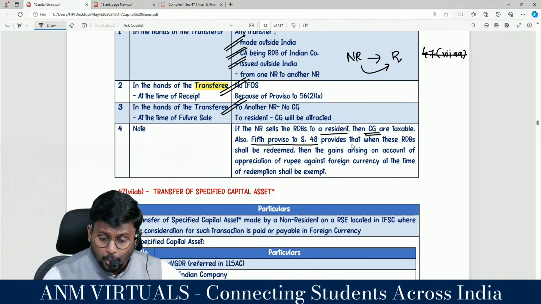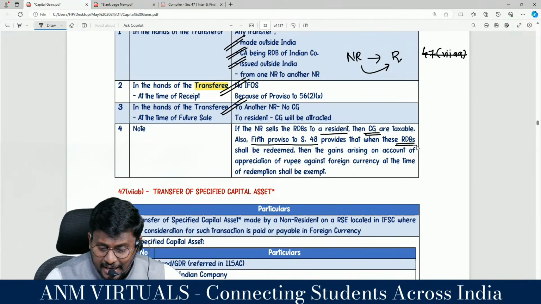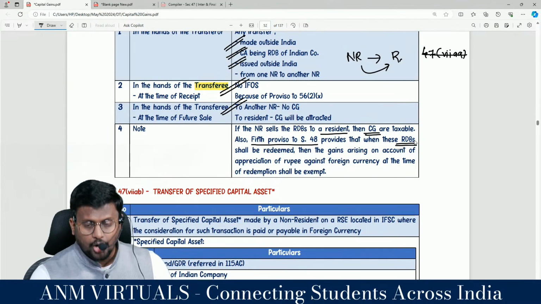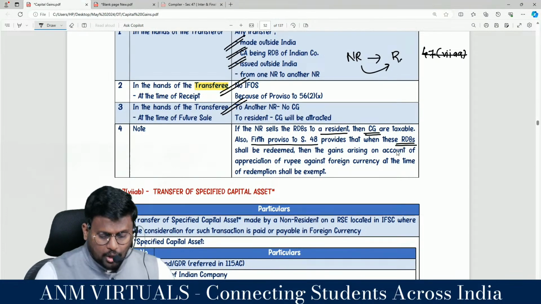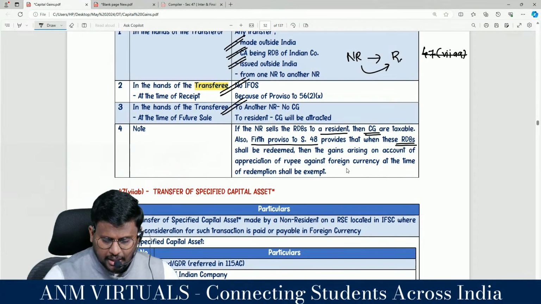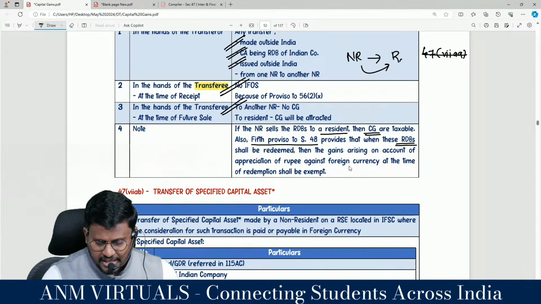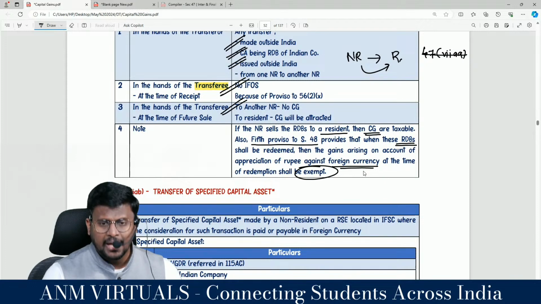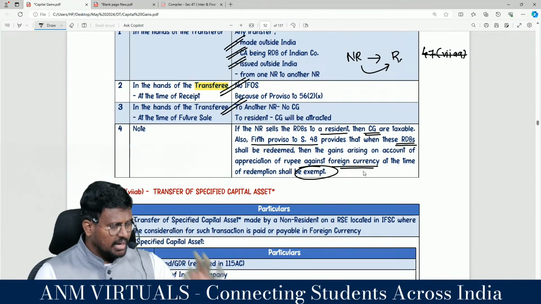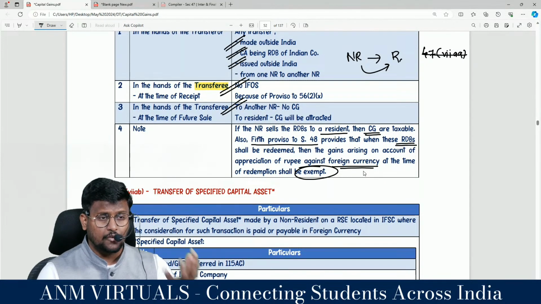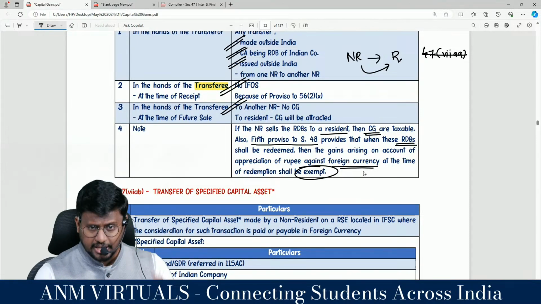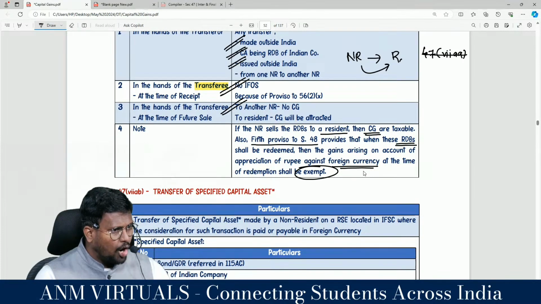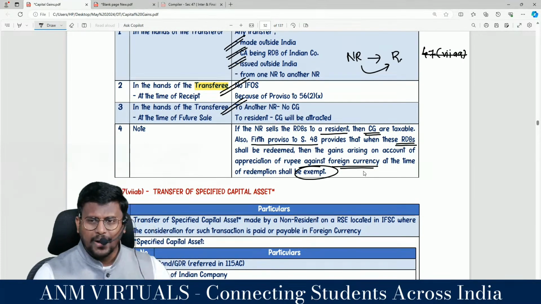It provides that when these rupee denominated bonds are redeemed, the gain arising on account of appreciation of the rupee against foreign currency at the time of redemption shall be exempt. That means foreign currency appreciation on account of a rupee denominated bond has to be ignored while calculating the capital gain.